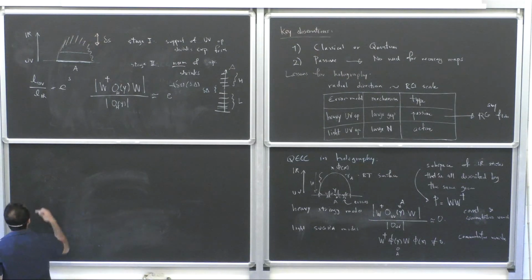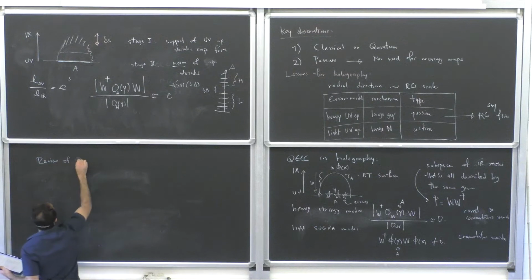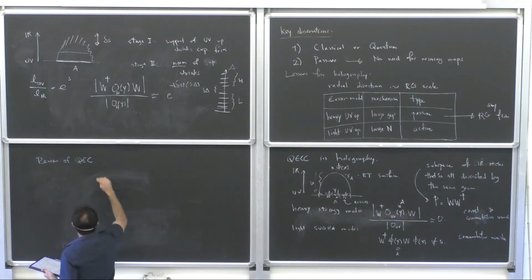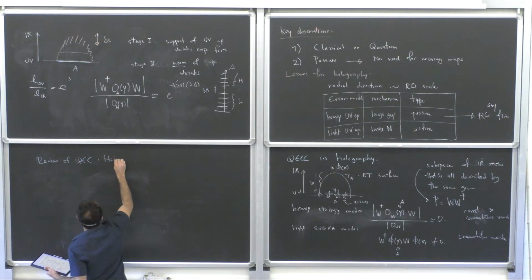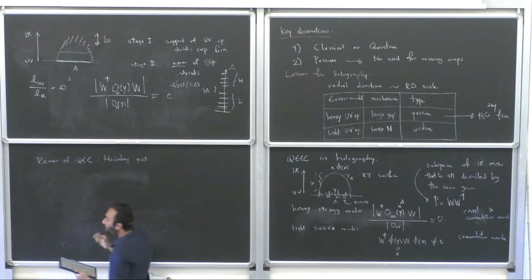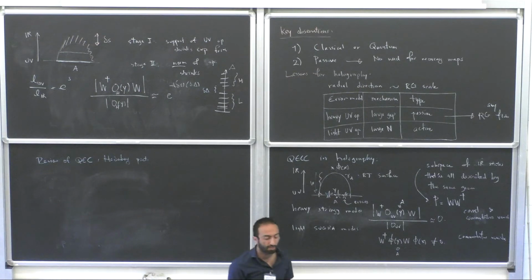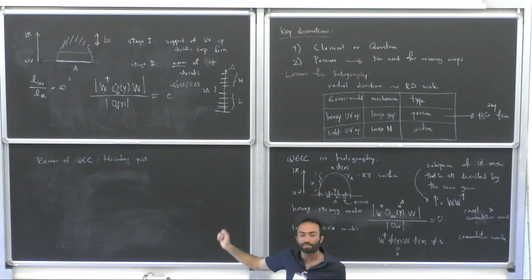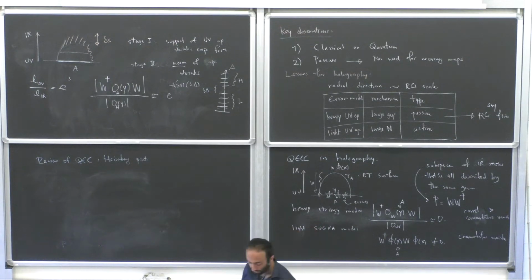All right, so a review of quantum error correction codes, quantum error correction in the Heisenberg picture, in a form that is hopefully a little bit simpler than what you've seen before, but I'm not making any compromises. I'm not oversimplifying.